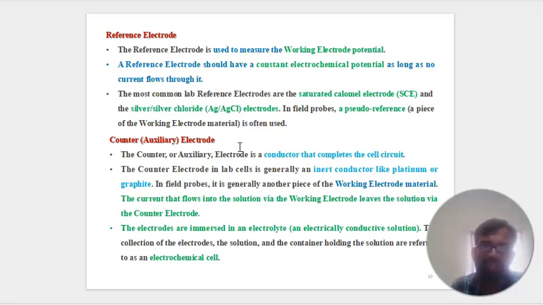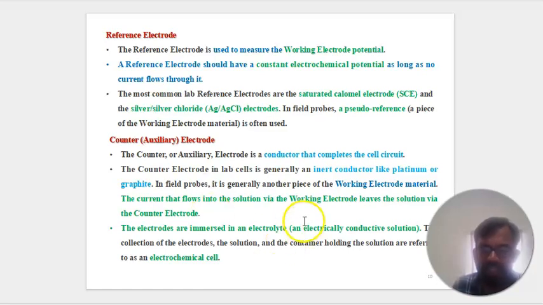The counter or auxiliary electrode is a conductor that completes the cell circuit. In the lab, the counter electrode is generally an inert conductor like platinum or graphite. People are using platinum counter electrodes.